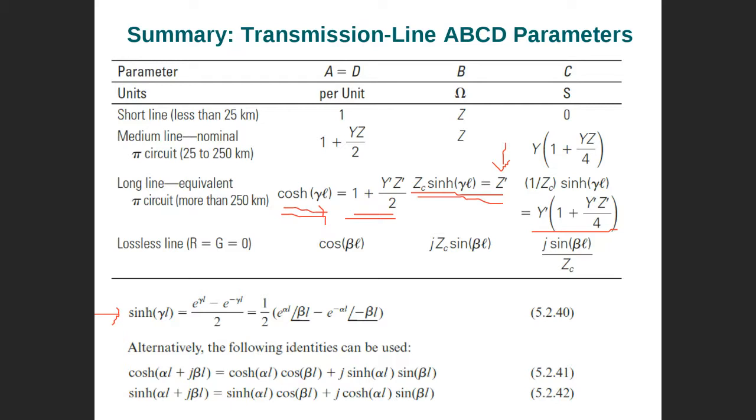The following quantities, because it will be hard maybe for some of you to find the cosine hyperbolic or sine hyperbolic of a complex number. So what you will do is make it like this: cosine hyperbolic of a complex number.